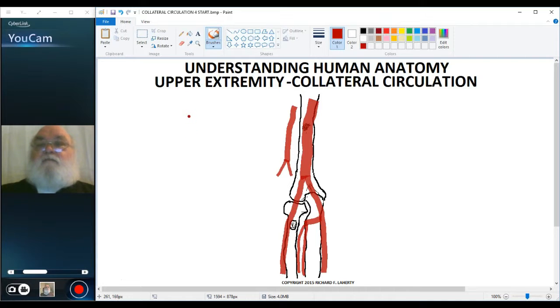So we covered those arteries when we talked about the arterial supply to the upper extremity and talked about the brachial artery, the radial and ulnar arteries.